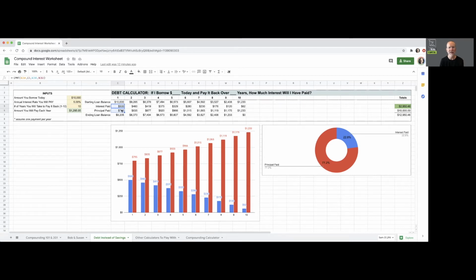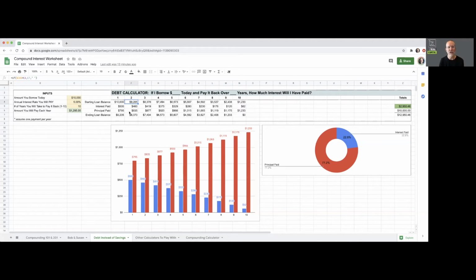We're paying $500 in interest and $795 in principal, which means that at the end of the first year, we haven't dropped our loan balance by $1295.05. We've only dropped our loan balance by the principal paid, which is $795. That interest just goes to the bank or to the lender. So our new loan balance is $9205.